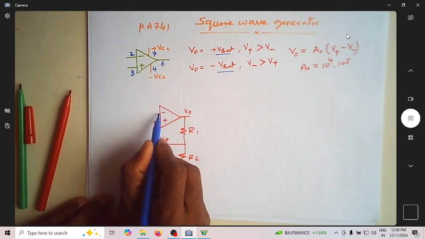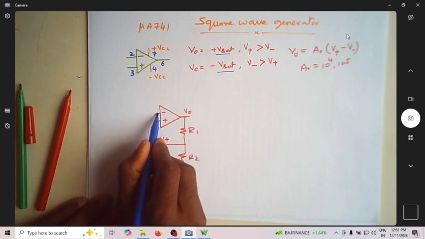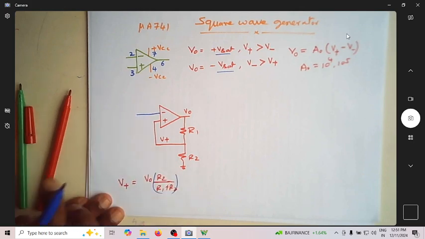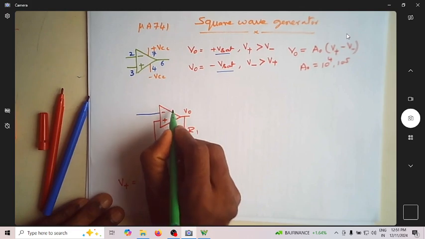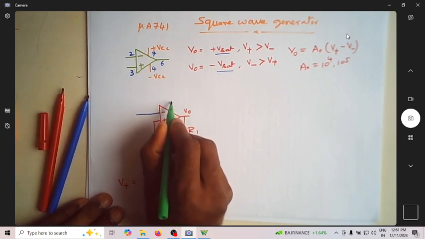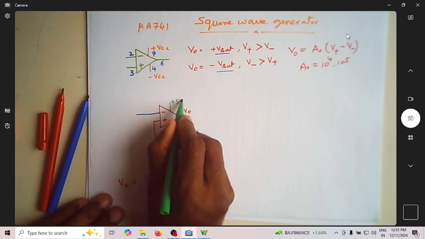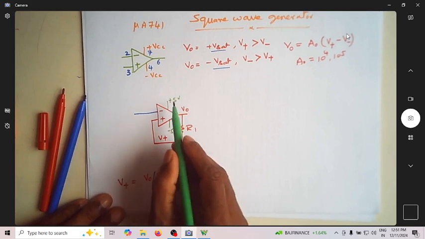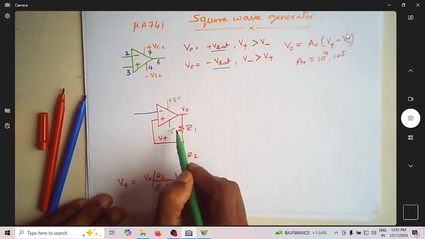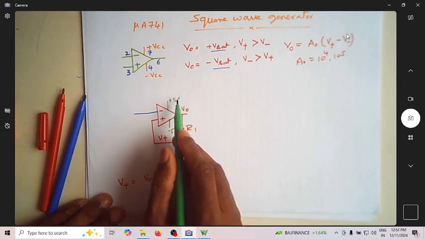Now let me consider the inverting terminal. Identifying the pin numbers, this will be connected to a supply voltage of plus 5 volt, and this to minus 5 volt. Of course, it is also possible to connect plus 12 volt and minus 12 volt, or plus 10 volt and minus 10 volt.